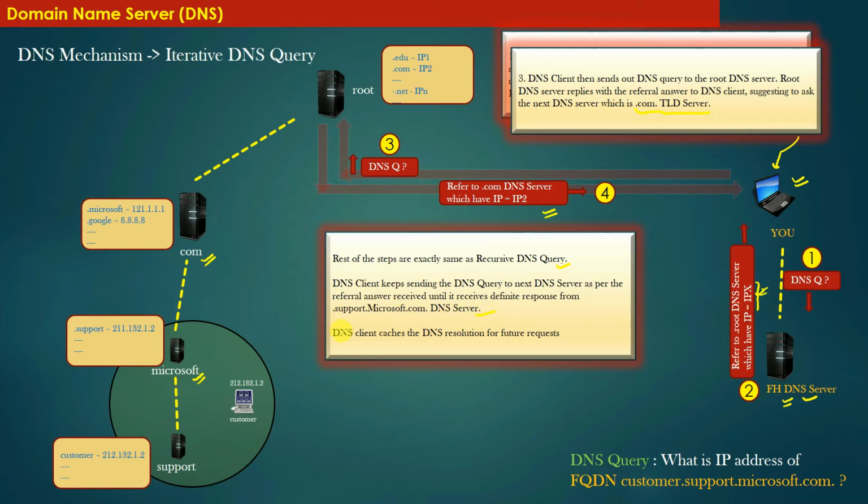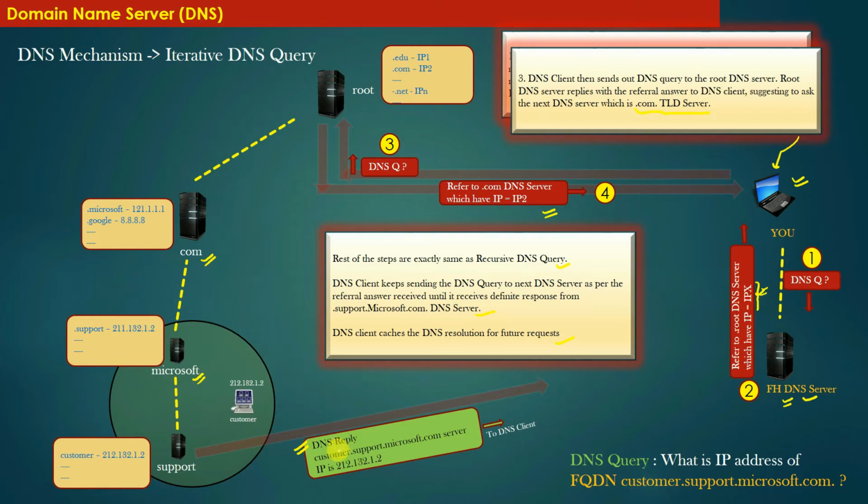The DNS client, having received the final DNS resolution, will cache it in its local DNS cache for future requests. So in this example, the DNS server which had the IP address corresponding to the requested fully qualified domain name in its DNS database will reply with the DNS reply.